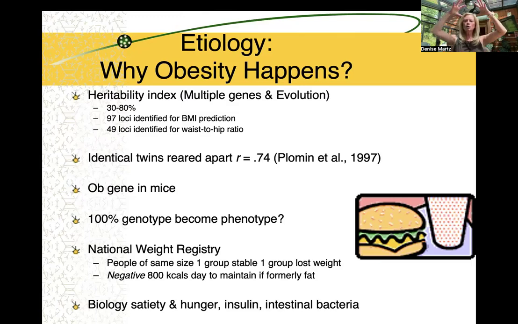And if you look across the globe in what has created survival for Homo sapiens, the human species, we have multiple genes, about 30 to 80% of larger bodies is predicted by our genetics. And scientists have identified 97 loci that are identified in predicting larger bodies, and 49 of those loci identified predicting our waist to hip ratio.